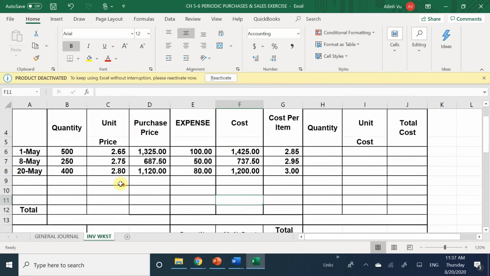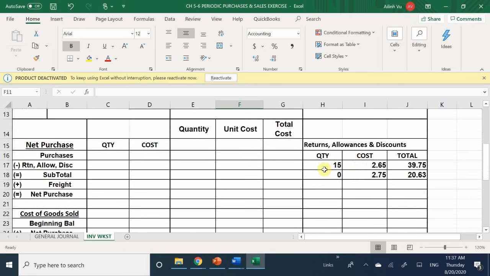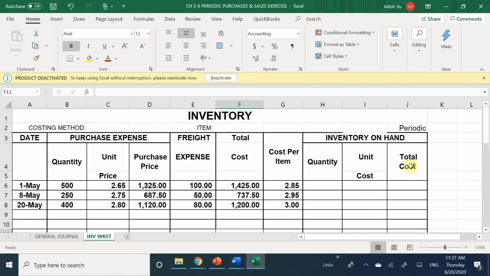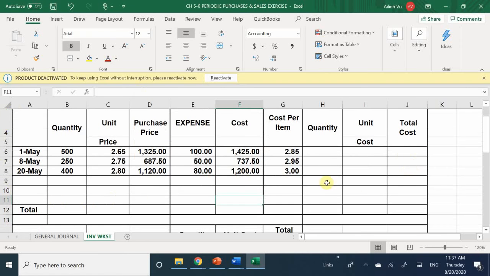Okay, so here we purchased on May 1st, $500 items at a grand total of $14.25. However, we also made a return of 15 mugs right here for $39.75. Okay, so here we know that this amount here is not true, right?